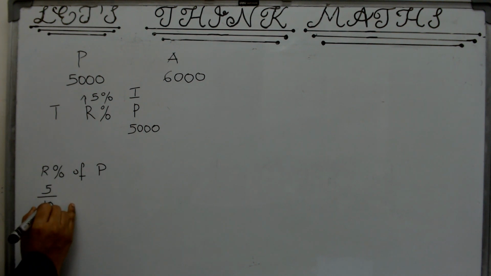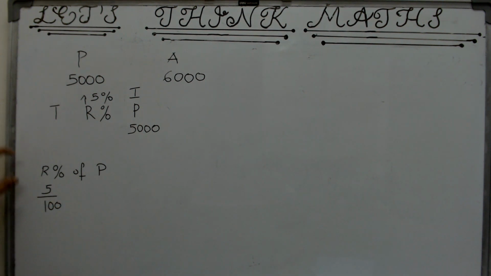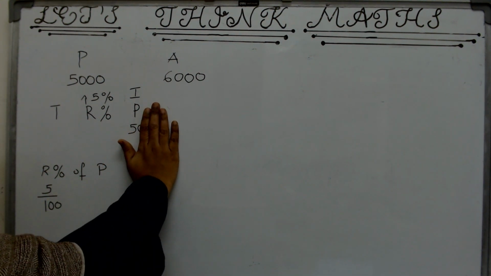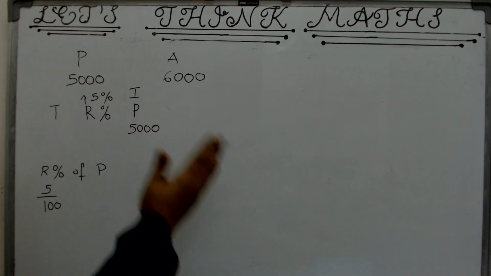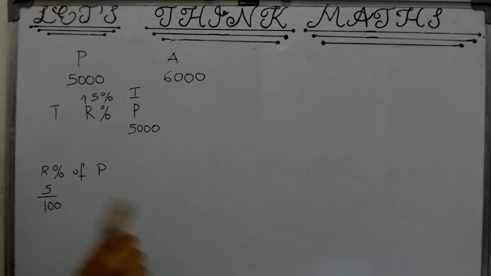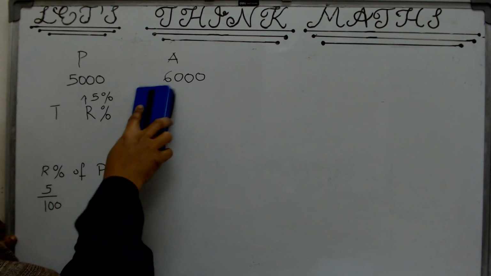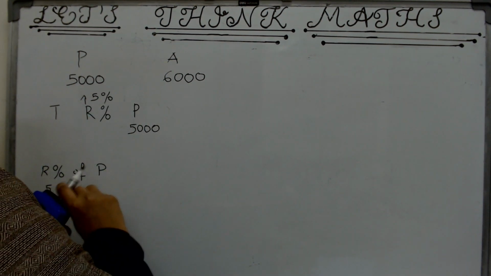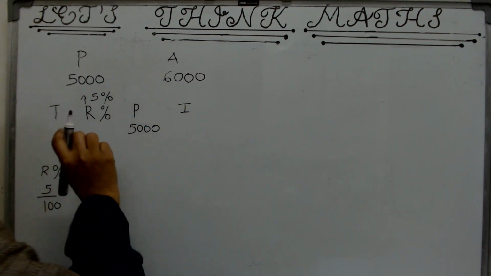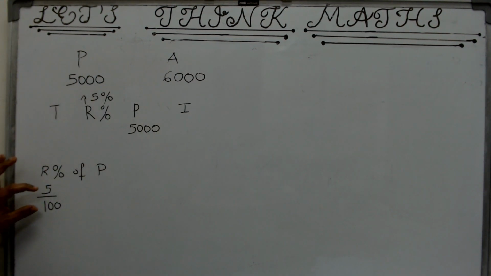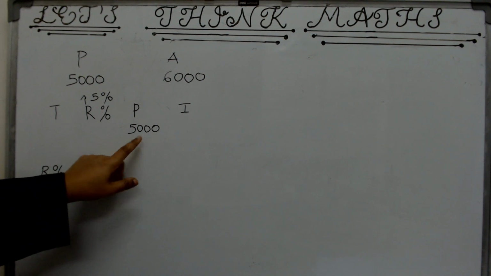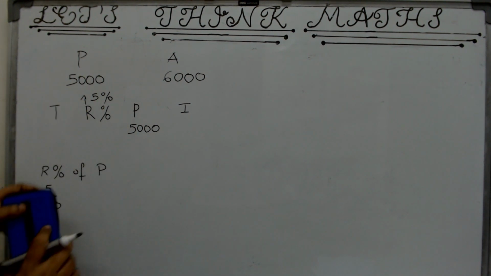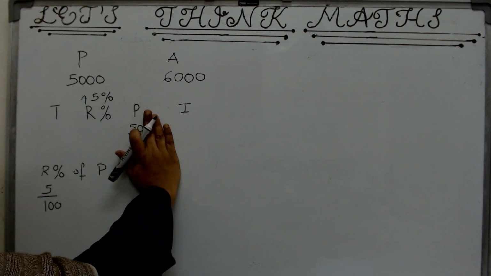And what does that mean? It is in the name itself. It is per cent. That means for every 100 rupees in the principal, you will get 5 rupees extra. So that will be your interest here. Your interest will be that extra money that you get. What is that? For every 100, you will get 5 rupees extra. But then 100 is not your principal. What is your principal?